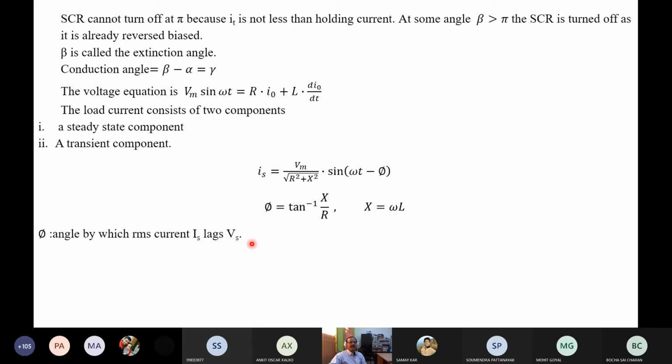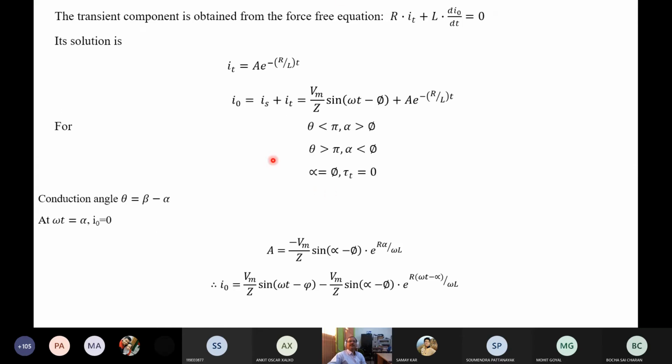If alpha changes, phi will change. So we call it a phase control rectifier. The solution of this will give you two parts, a steady state part and a transient part. The transient part is obtained from the force-free equation. Okay, so it is IT equals A e to the minus R by L t, right? So the total solution is IS plus IT, Vm by Z sin(omega t minus phi) plus the transient term.